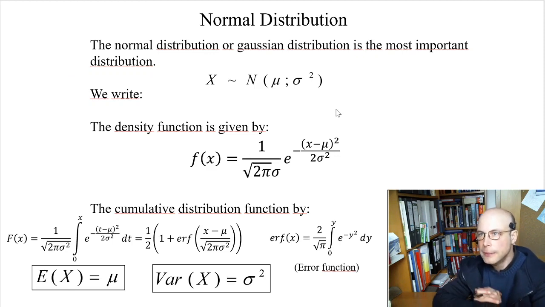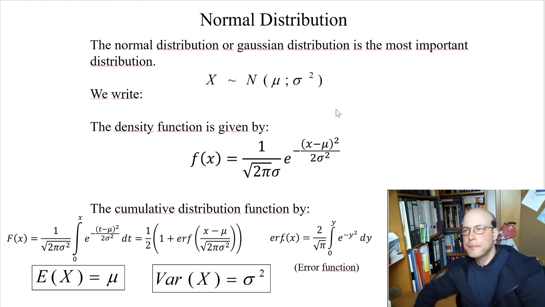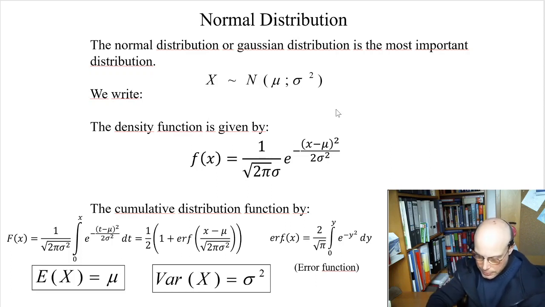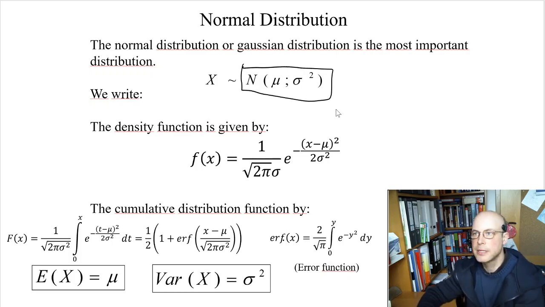I don't know if we will make it today, but we will start now with maybe the most important distribution we have in statistics, and this is the normal distribution. The n symbolizes the normal distribution, normally distributed with expected value mu and variance sigma squared.